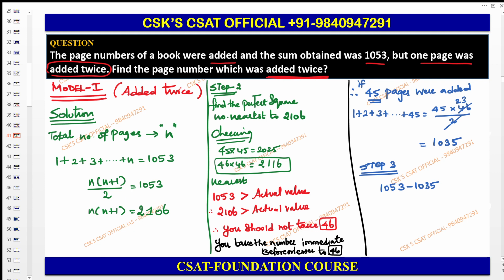Which is equal to 18. So therefore the 18th page number was added twice, that's it. Clear?